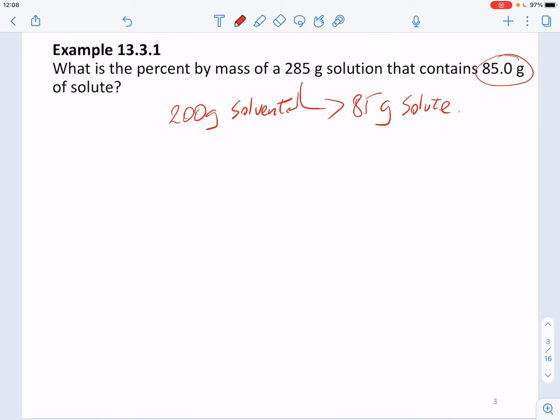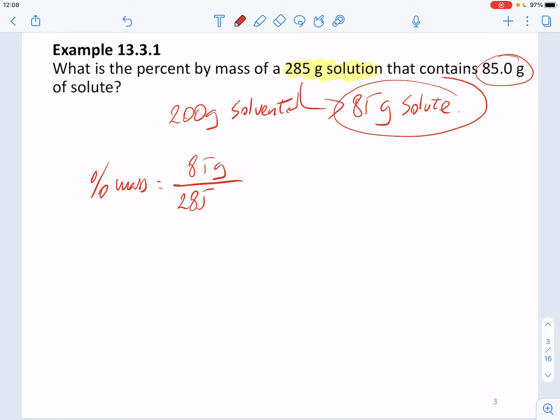Now, how do we calculate percent by mass in this case? Percent by mass is going to be equal to your mass of solute, 85 grams, divided by the total mass of solution, this one right here, 285, times 100.